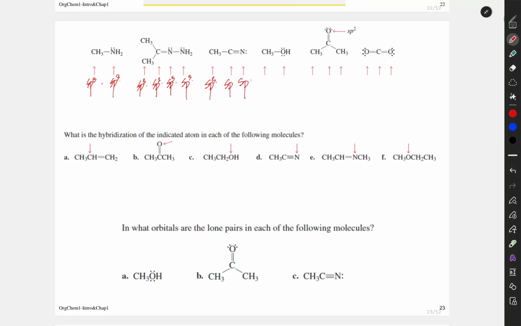Yes, you can identify the number of lone pairs and count the total number of arms, then you can easily answer it. Third one is what orbitals are the lone pairs in each of the following molecules. So the question is the character of the hybridization of a given lone pair. Yes. Here and there and here.